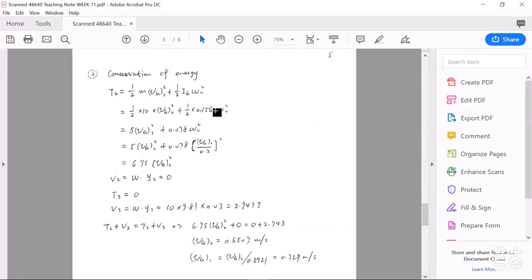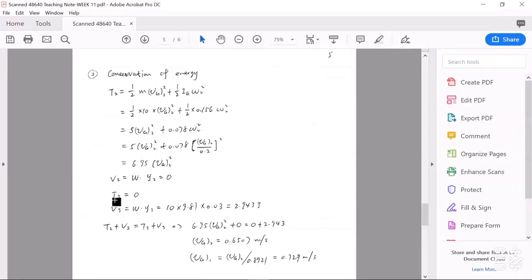Now, the process from state 2 to state 3 is a problem that can be solved using conservation of energy. We calculate the kinetic energy of this wheel in state 2 and in state 3.